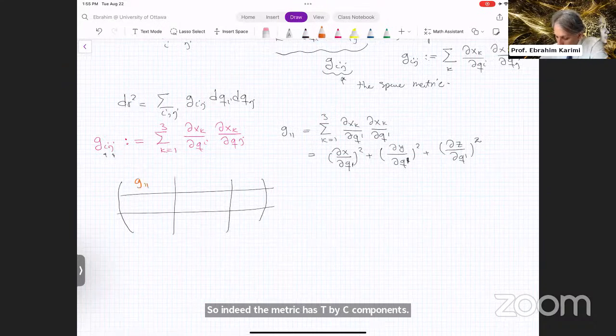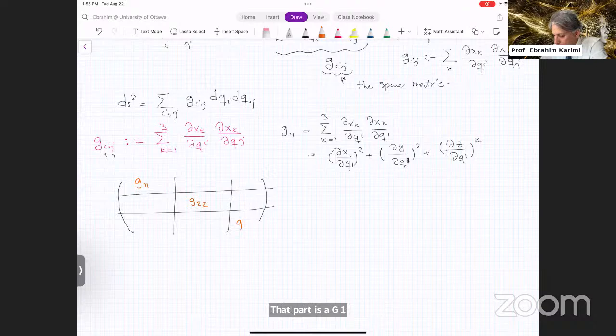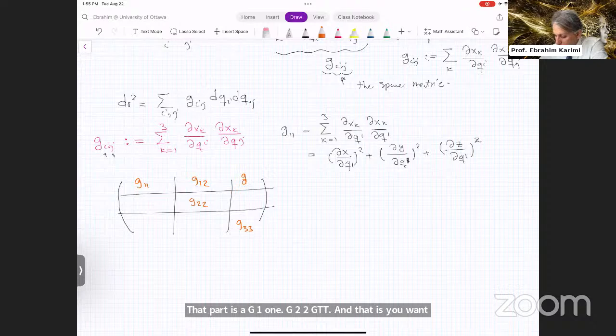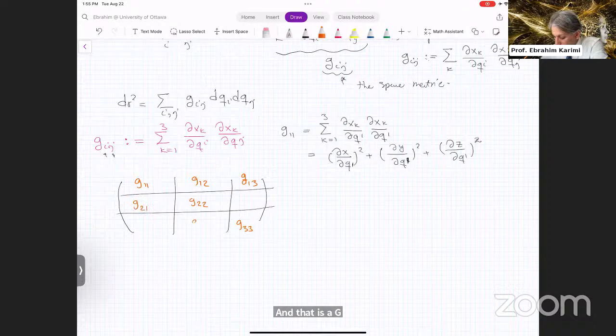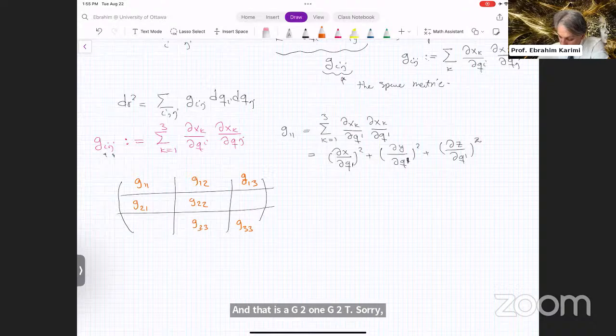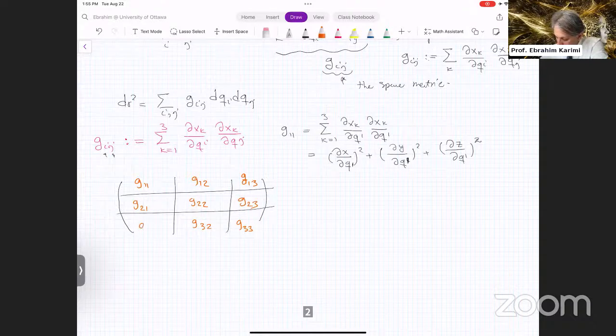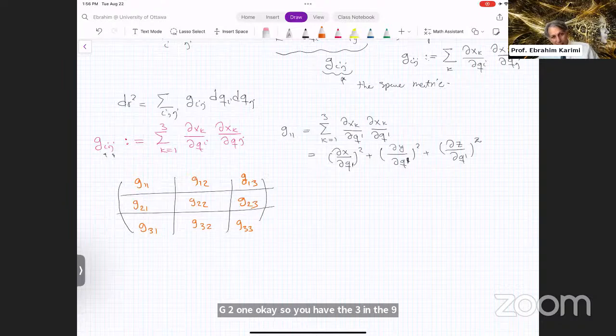That part is G11, G22, G33, and that is G12, G13, and that is G21, G23, sorry, 3, 2, G31. So you have the 9 components, and essentially you only need 6 of them to be calculated because it's symmetric.